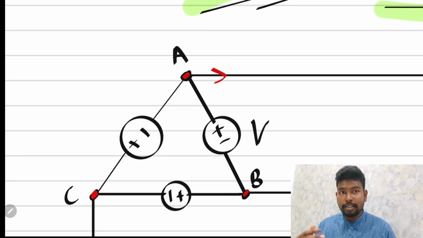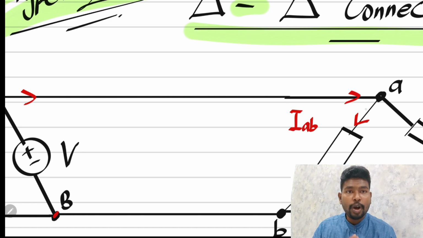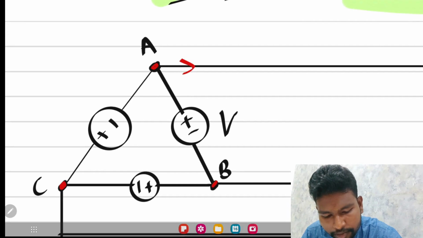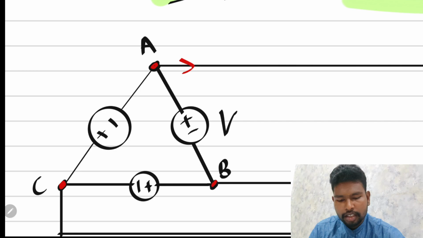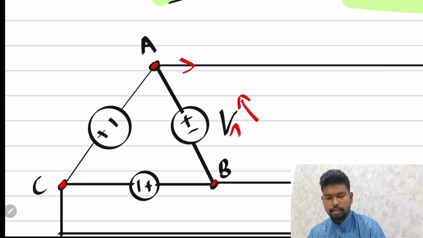So now let's look at it. When the current has to go out from the generator, it means the supply should be this way. The arrow should be pointing towards A, from B to A, so it is VAB. It should be flowing from C to B, so this should be VBC.